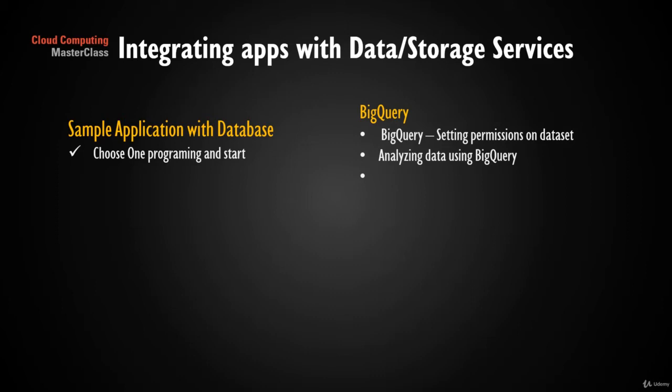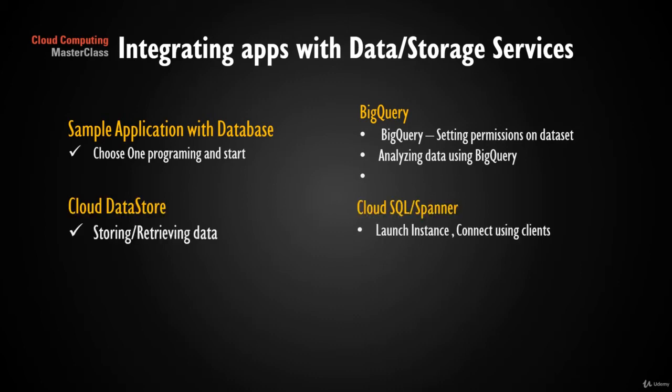They're asking us to set up the permission so that it can be accessed programmatically, and you can do analysis of a database using BigQuery. Cloud Datastore, we are going to store and retrieve data. Cloud Spanner, similarly, launch an instance and connect using the clients and your program.